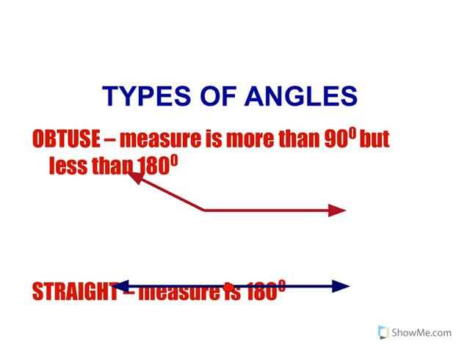An obtuse angle is bigger than 90. Notice it's real big, right? And a straight angle, which might be the only one you haven't learned before, is basically a straight line. I'm going to redraw it because somehow it messed up. And it's 180 degrees. The measure of a straight angle is 180 degrees.